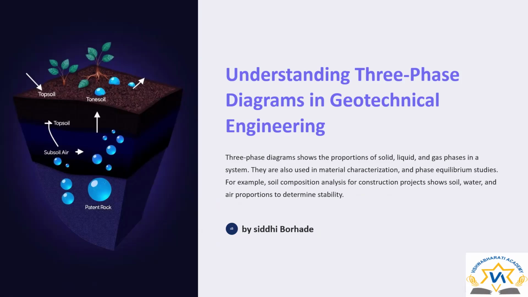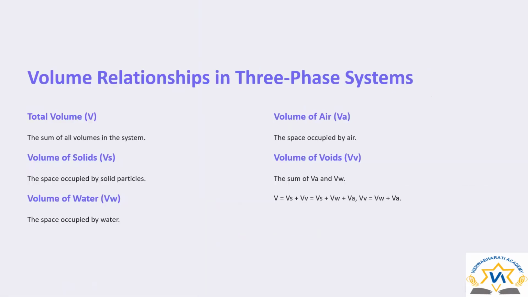But in the three-phase system, there are some values, as shown in the figure, the volume relation in the three-phase system. In the previous lecture, we studied what the three-phase system is and what its components are.